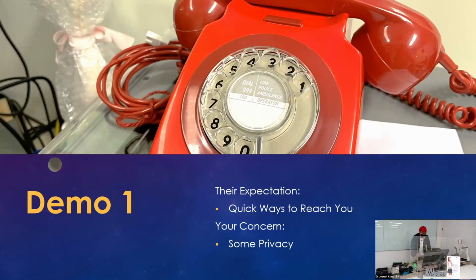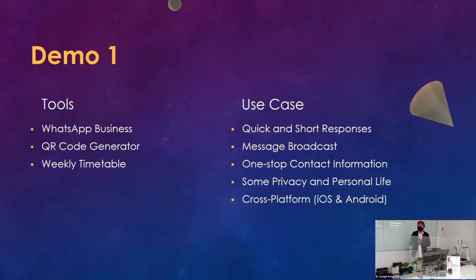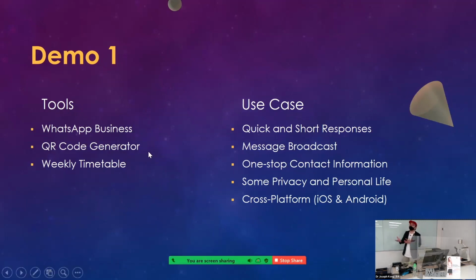And I think I could share the use of WhatsApp Business. In fact, WhatsApp has a version that could be registered with your office phone number. And this is the way I communicate with my students. My students like to use WhatsApp messages, and I always use WhatsApp to communicate with them. I will show you how to use it in conjunction with a QR code generator.